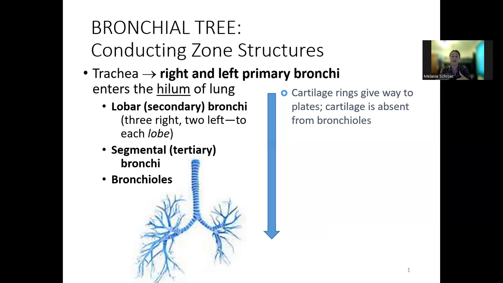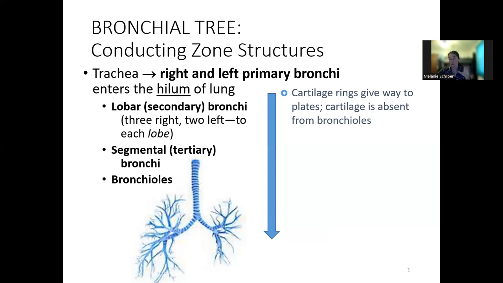What this does is it allows the airways to expand and recoil a little bit more, so just a little bit more flexibility. By the time we get all the way down to the bronchioles, we don't need cartilage at all. At this point, we are allowing the wall to get thinner and thinner in preparation for having the thinnest membrane possible for gas exchange to occur.